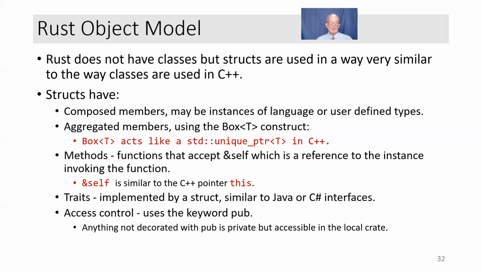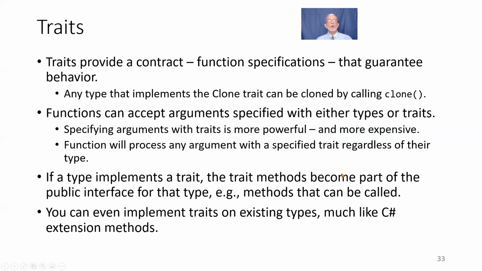Okay, so traits are like a contract. They provide a specification, guaranteed behavior in the sense that these are methods you can call. It doesn't guarantee what happens when you call the methods, but it guarantees that you're able to call those methods.